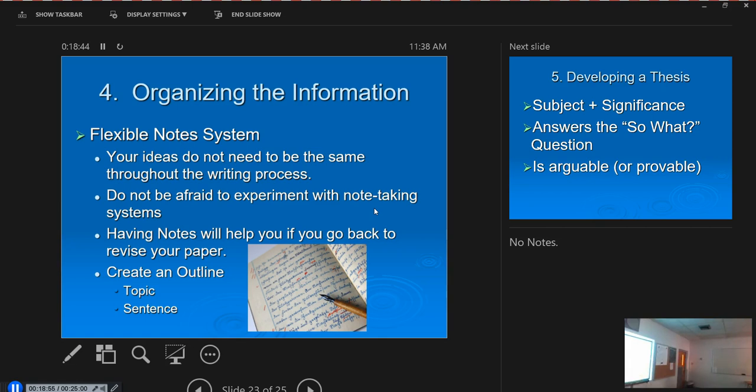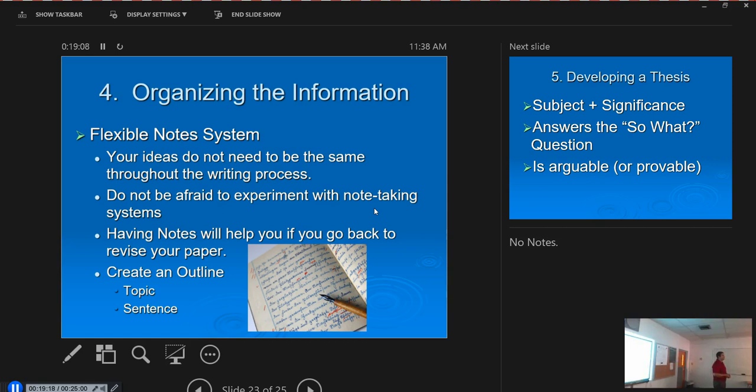Having notes will help you if you go back to revise your paper. This is one of the big reasons I encourage students to take notes during the writing process. Say you write your rough draft. The upcoming paper's minimum word count is 800 words. You write your rough draft on the stuff that you brainstormed.